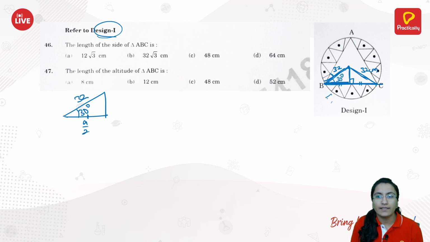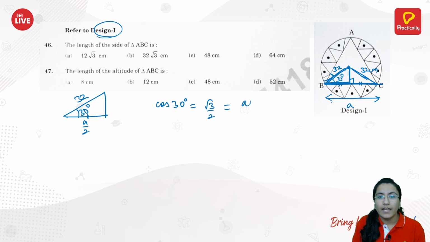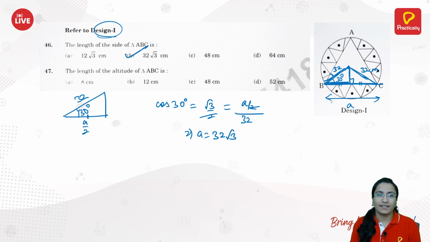If the complete length is A, its half length is A by 2. Now you have adjacent side as A by 2, hypotenuse as 32, you can apply cos 30 degrees, that is equal to root 3 by 2, which is A by 2 over 32. Cancel this 2, you have A as 32 root 3. So 32 root 3 is the correct answer.